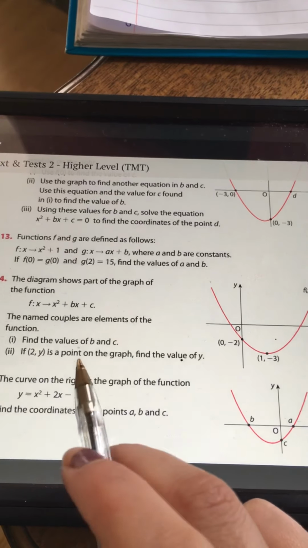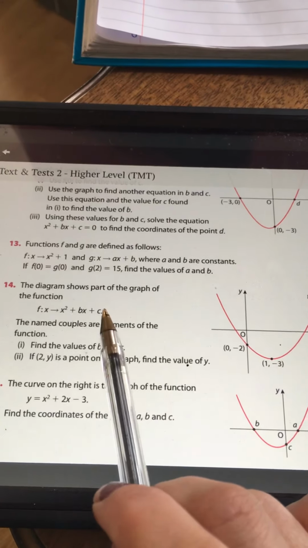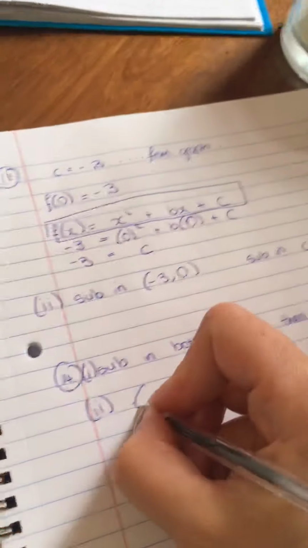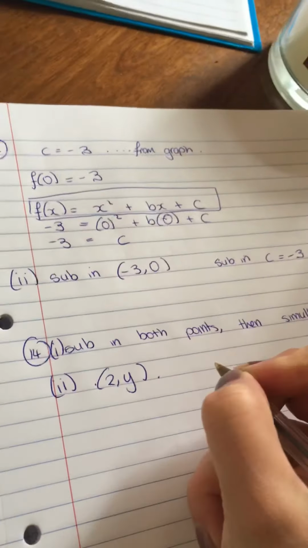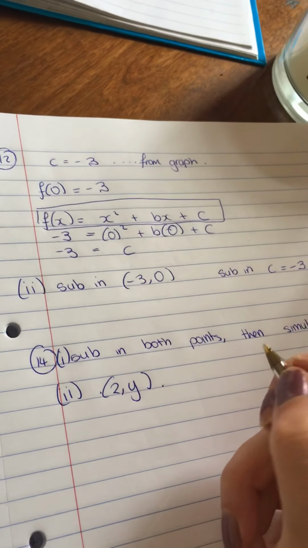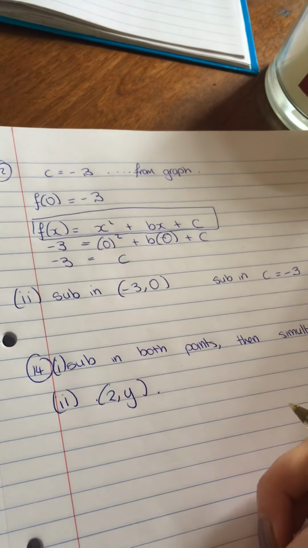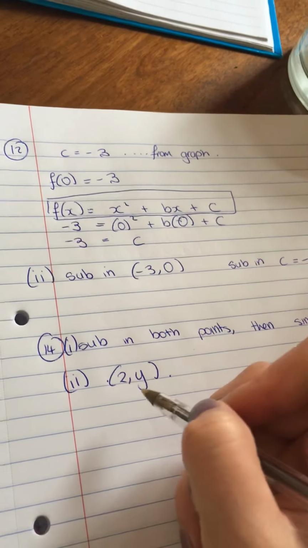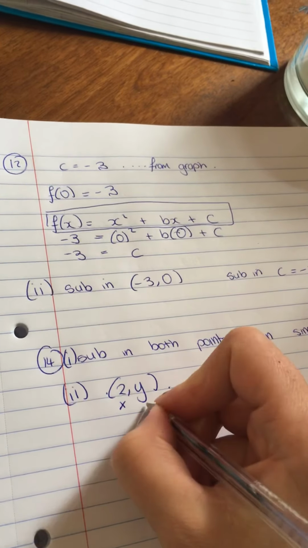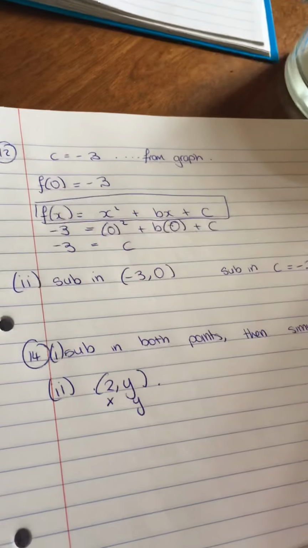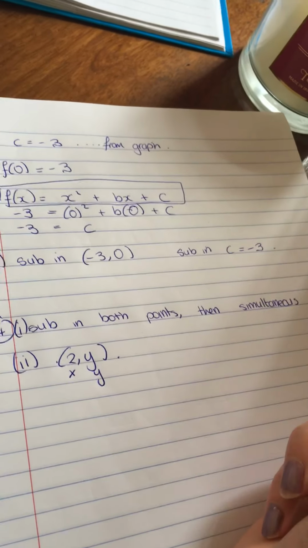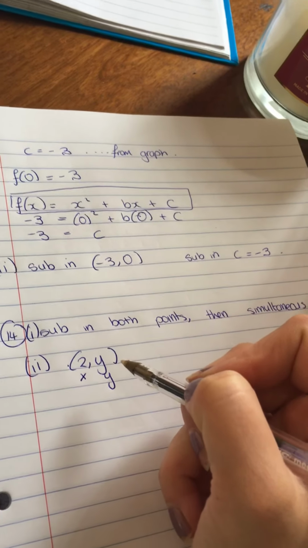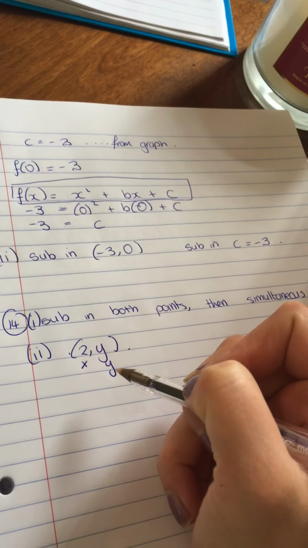So you'd have your equation, you'd have your b and c values, so you'd be subbing in 2y into that function. It'd be x squared plus bx plus c, but you'd have your values for b and c written in, and then you'd be subbing in x is 2 and leaving y as y, and then you'll be able to solve for y. So you're subbing the point into the function and then solving for y.